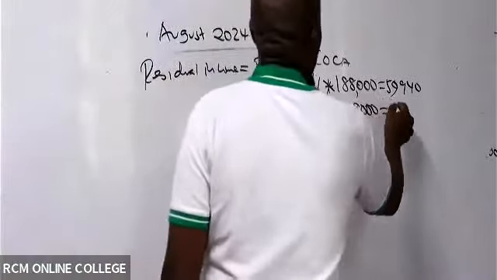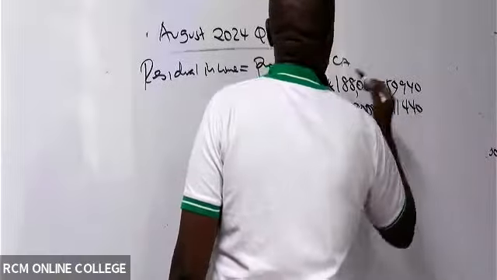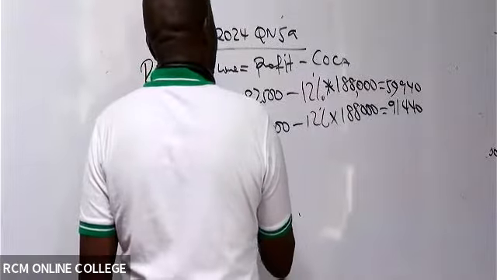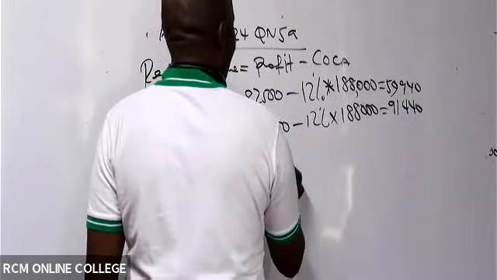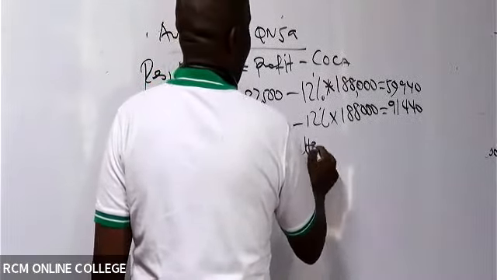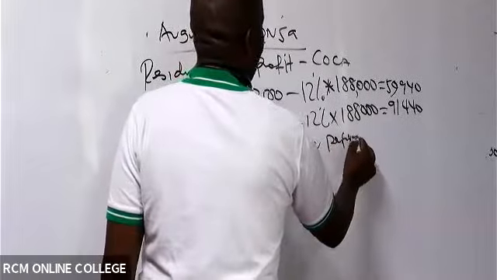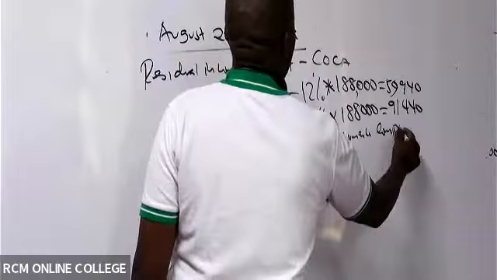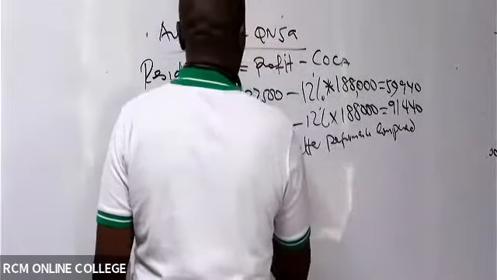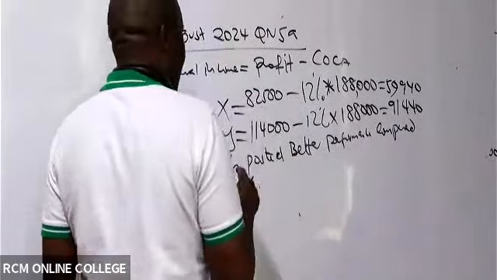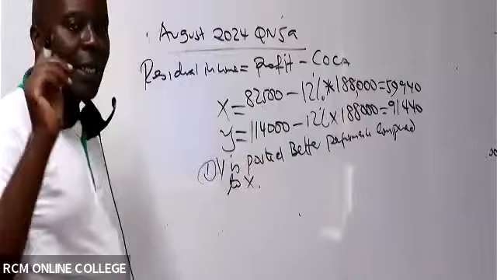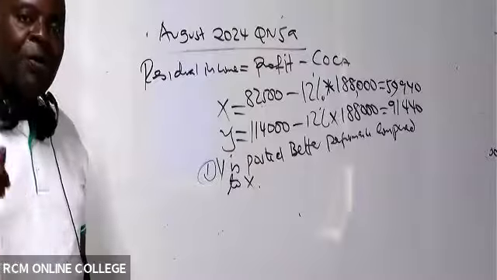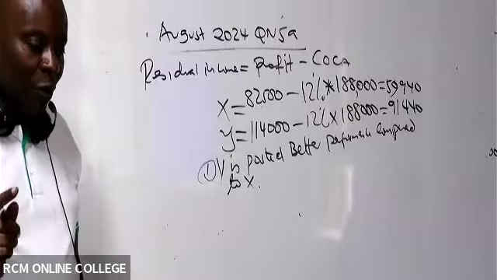So the first comment in terms of performance appraisal is again to recognize that Y posted better performance compared to X. Why? Because generally, the higher the residual income, just as with ROI, the better the performance.